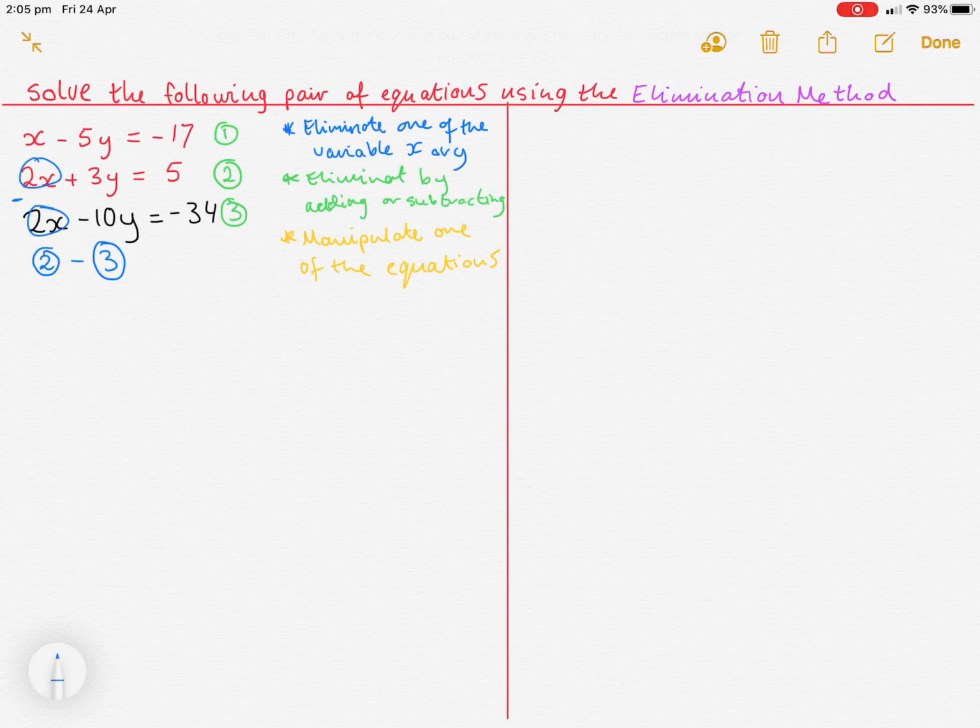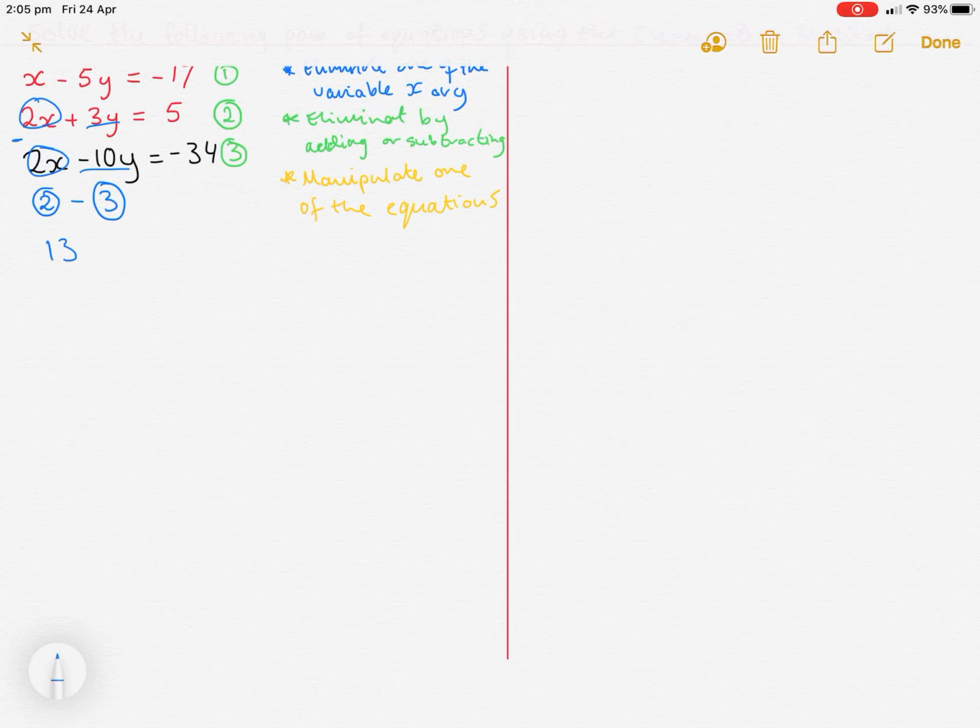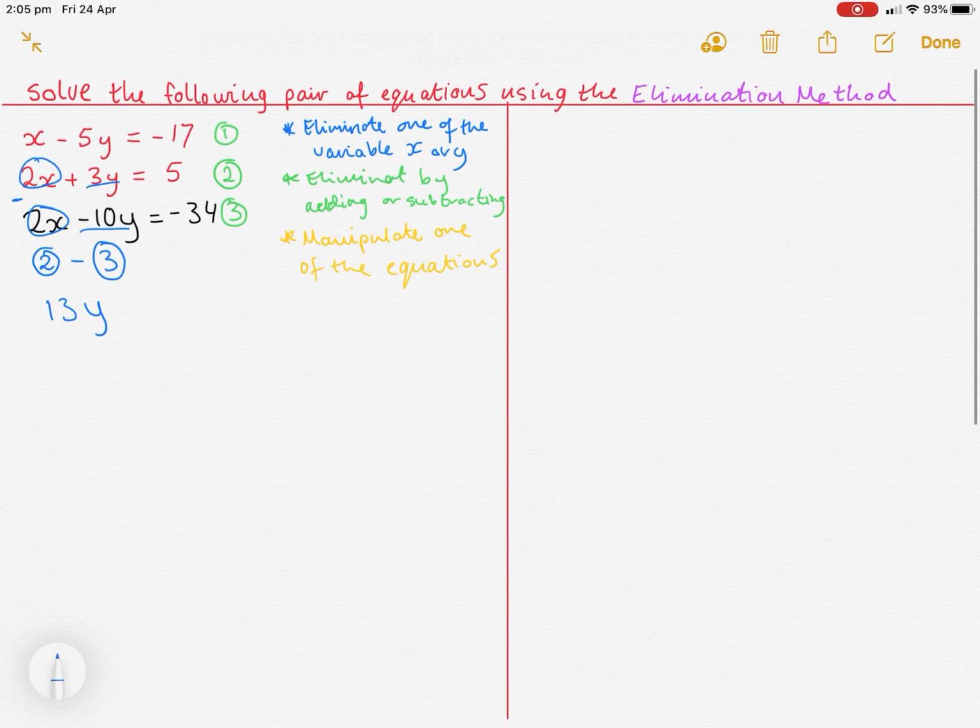The first thing is 2x minus 2x is 0, so they cancel out. Then we've got 3y minus negative 10y, so that would be 13y equals 5 minus negative 34, which would be 39. Now we're solving for y, so we need to get y by itself. If we divide both sides by 13, we'll get y by itself. 39 divided by 13 is 3.